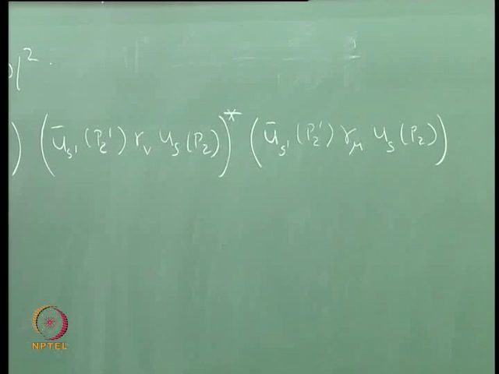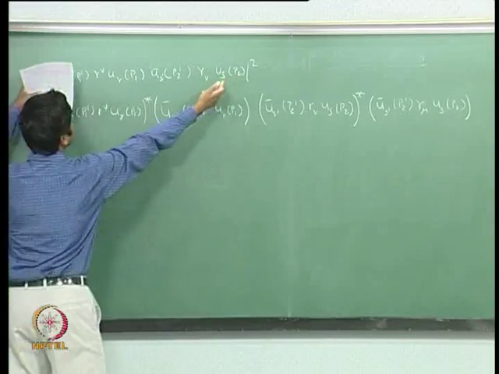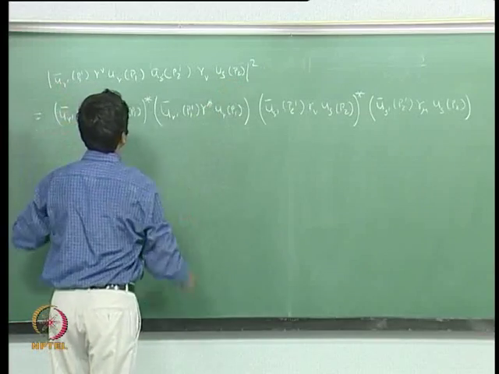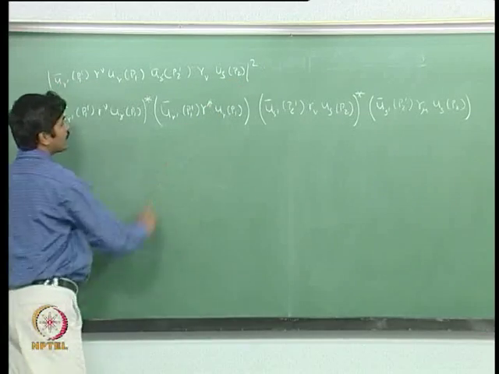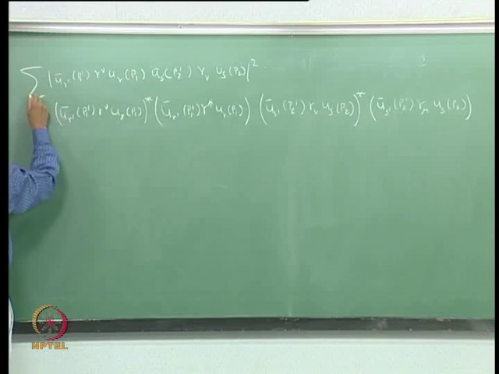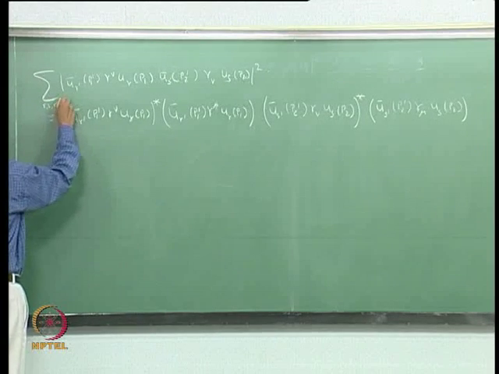So, I am using gamma nu, the index, I am labeling the index nu for the complex conjugate of this and using the label mu for the term itself, and then I am just rearranging them. Now, what I need to do is consider this and sum over r, s, r prime, s prime.